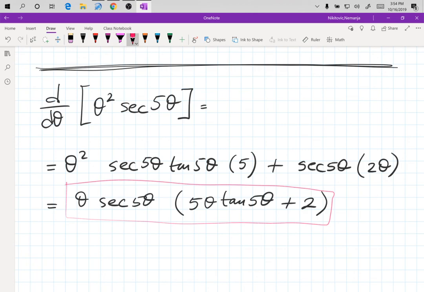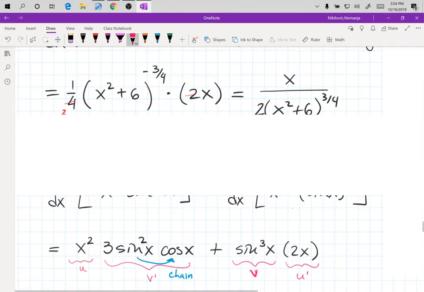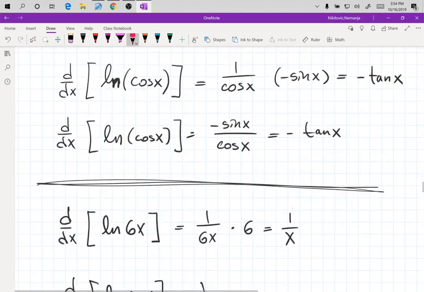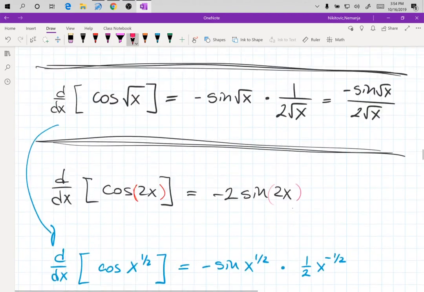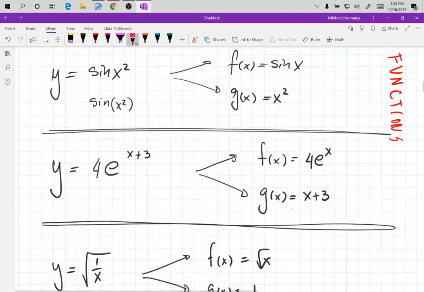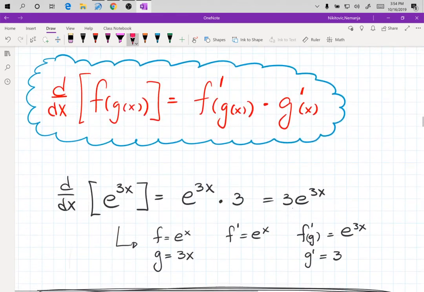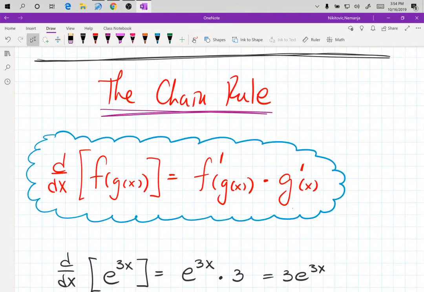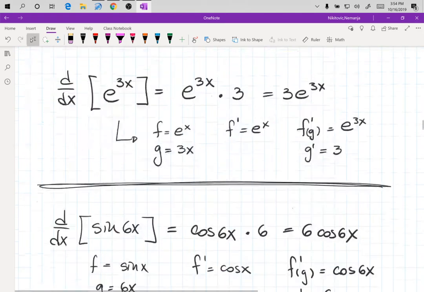All right. So that's the chain rule. A way to take the derivative of a function composition. Where's the formula? There we go. For the chain rule, we take the derivative of the outer function with the inner one plugged in, and then we take the derivative of the inner function.